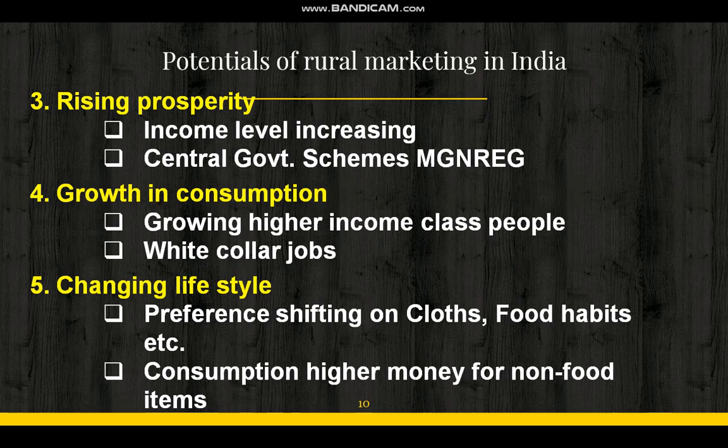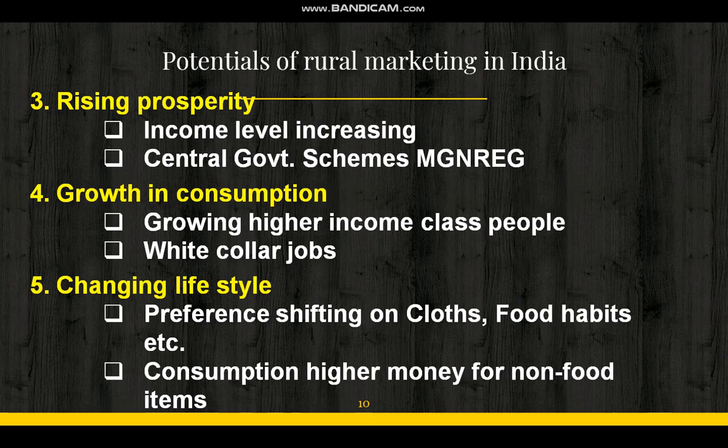And another growth potential of the rural market in India is growth in consumption. The higher income class in India has grown 6 times. The working population in India is increasing. Many second generation, meaning your generation, are getting white collar jobs in nearby towns.